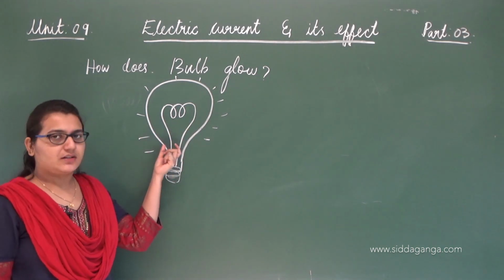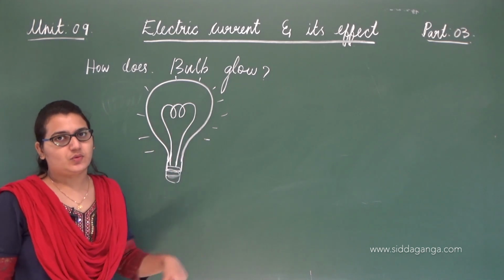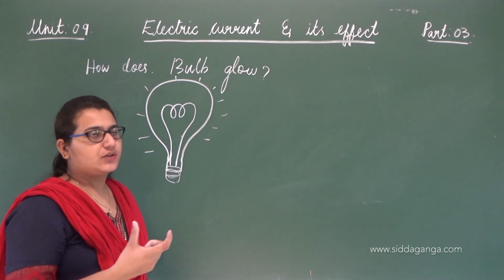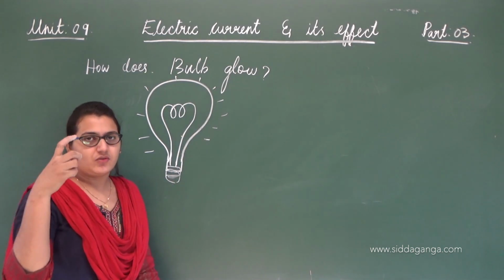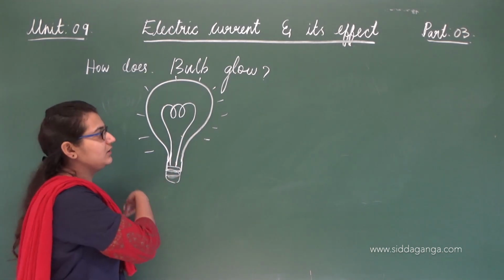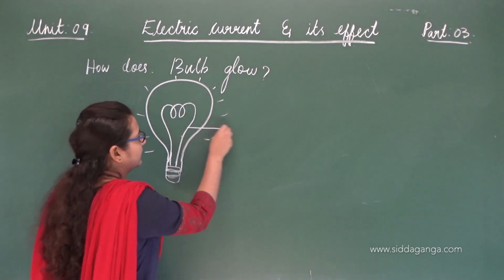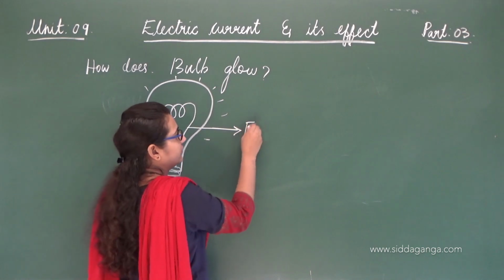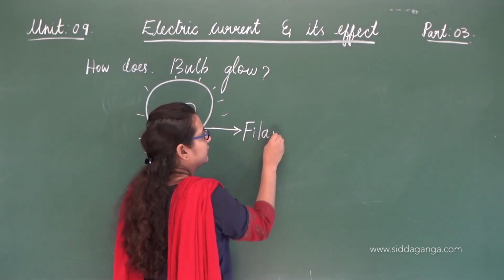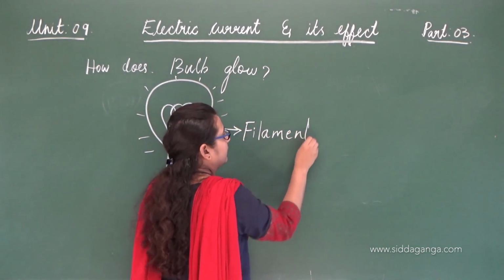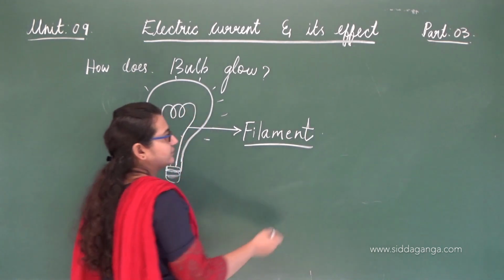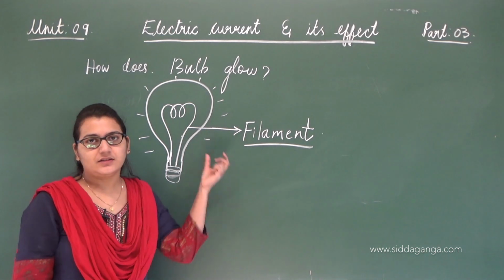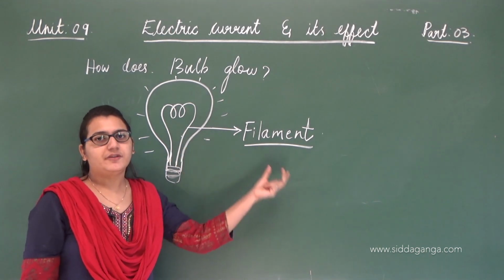This is the one which makes the bulb glow. This structure inside the bulb is clearly visible. You can hold a bulb and see it clearly. It is a thin wire-like thing present inside the bulb. This structure is what we call a filament.